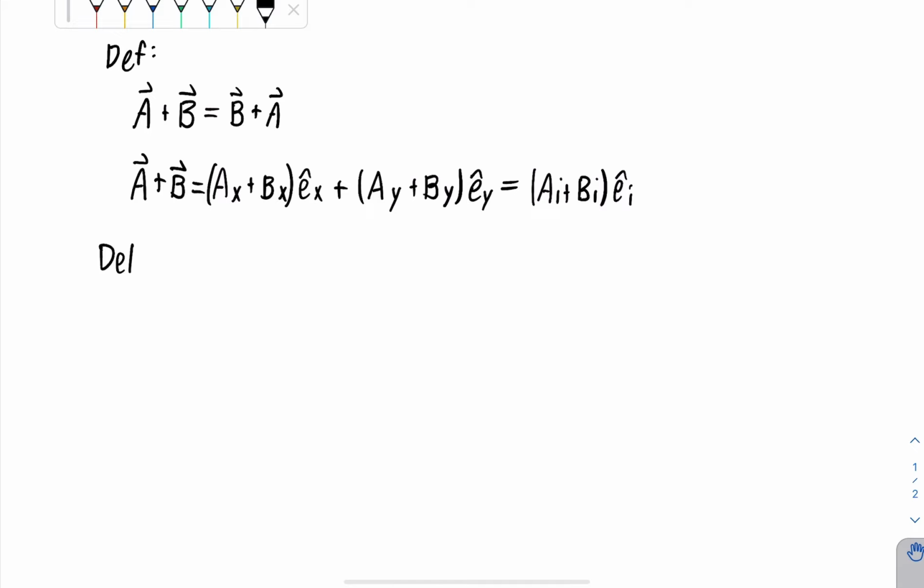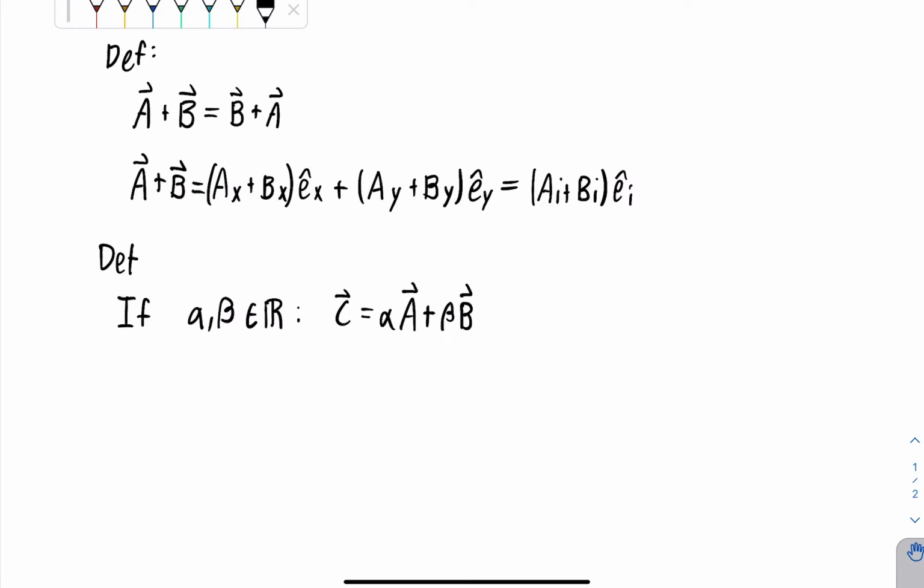So another definition: if alpha and beta are constants in the real numbers, then we can define a vector space such that C equals alpha times vector A plus beta times vector B. Essentially, using constants, vectors, and their sum properties, I can define a new vector from those two vectors and two constants. So we've created a vector space.